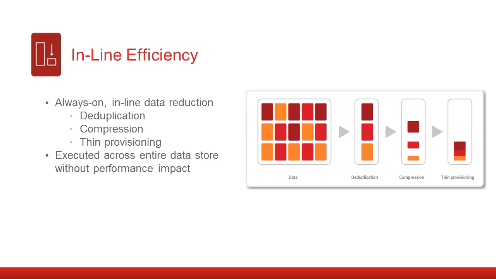Inline efficiency is deduplication, compression, and thin provisioning. Always on, always executed at a global level. So if you have common data across multiple tenants or multiple workloads, it will be used efficiently and effectively across the entire cluster.